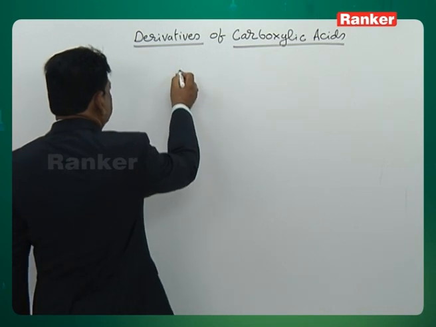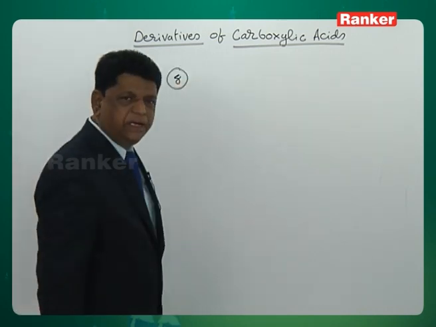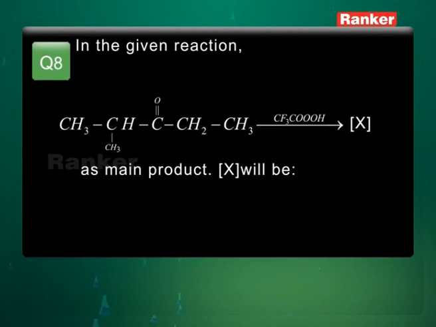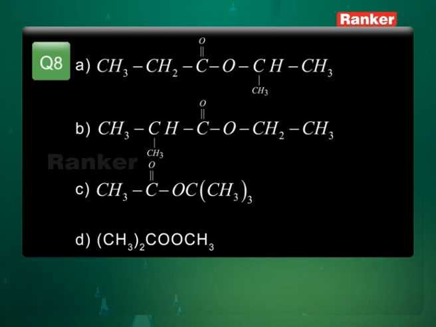Let us go to the next question. Question number 8. In the given reaction, a ketone containing an isopropyl group on one side and an ethyl group on the other is treated with trifluoroperacetic acid. The compound X is formed as the main product. Option A is an ester where the isopropyl side has the extra oxygen, and in option B the oxygen is on the side of the ethyl.